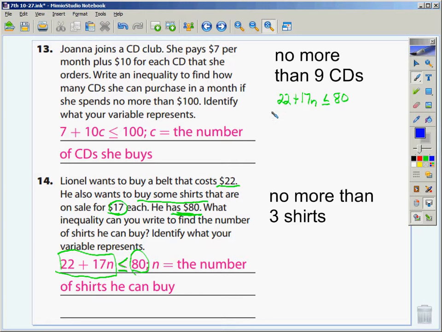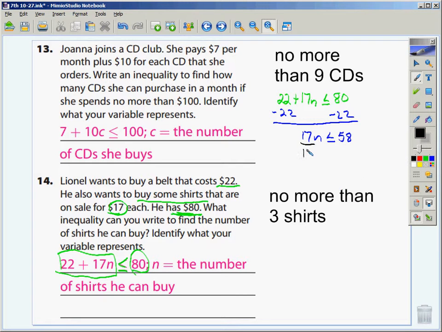Getting n by itself, I'm going to get rid of the 22 by subtracting it. I now have 17n is less than or equal to 58. And I'm going to divide both sides by 17.